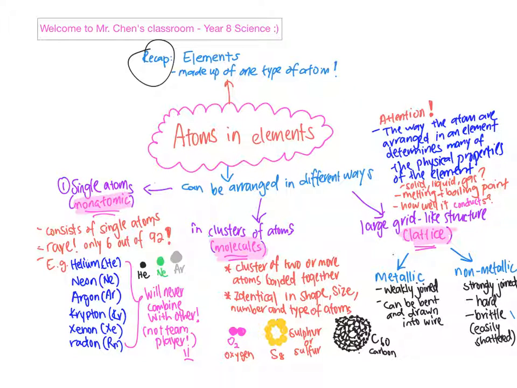So in this video, we go a bit further and tell you how there are different types of elements, majorly three types. But before I go into that, I have to tell you that the way the atoms are arranged in an element determines many of the properties of the element.